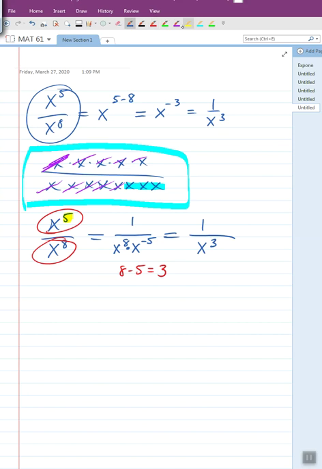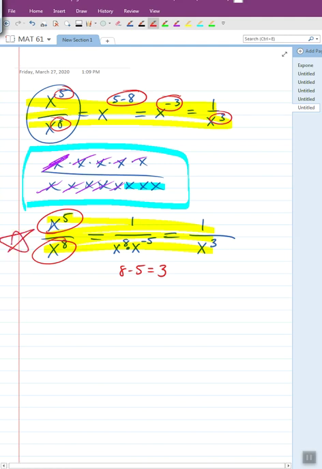Okay, so do you see the difference in the approach here versus here? In the top one, I'm doing the subtraction of the top exponent minus the bottom exponent, but if the top exponent's smaller, I'm going to end up with a negative exponent. Well, that just means I need to move it downstairs to change it to a positive exponent.